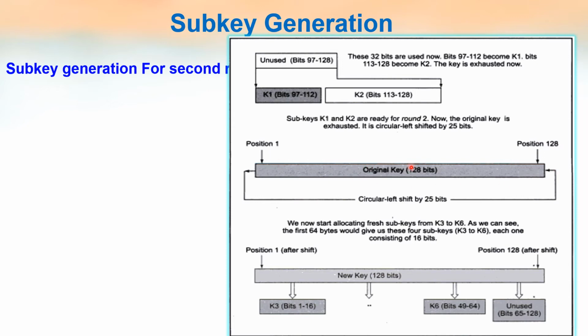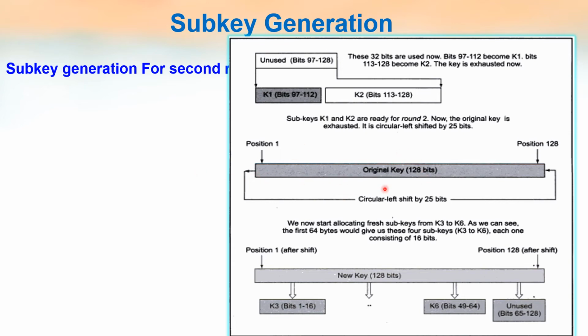Then again, after this left circular shift, it is divided into 8 subkeys. And among these 8 subkeys, the first 4 subkeys are given to the second round. From the previous round, 2 subkeys are there, plus from this round, 4 subkeys, that is 4 plus 2, 6 subkeys are given to the second round.